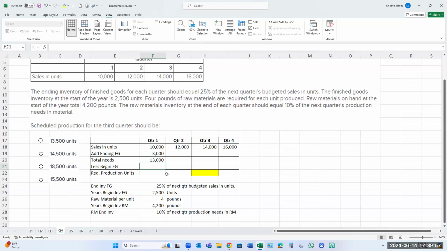So in quarter 1, they gave me the beginning inventory was 2,500 units. So total needs minus what I already have on hand for beginning equals required production.